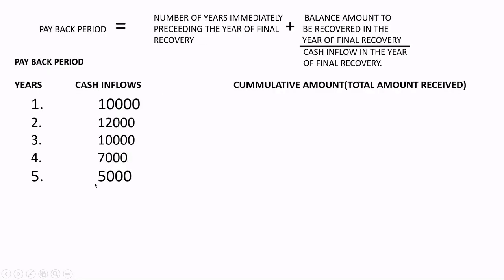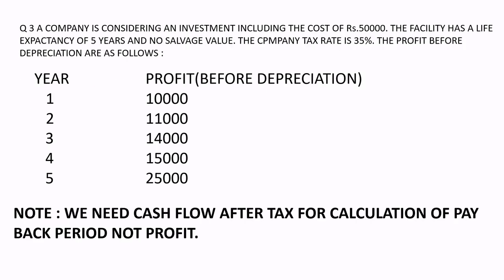That's why we calculated the payback period directly using this formula. But now we have profits, not cash inflow after tax. So for the payback period, always remember, we need cash flow after tax, not only profit.